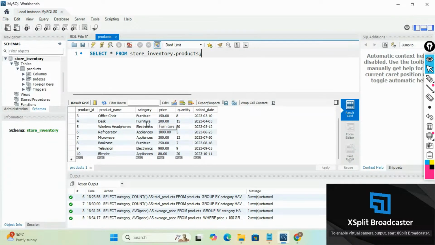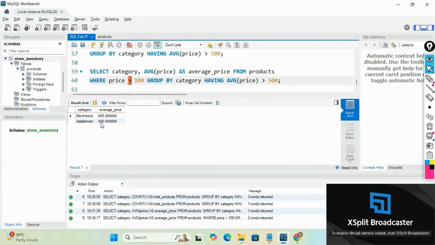Then why did we get appliances? Previously, because of the 10th record, the value we have is very low, that was reducing the average. But in this case, since that record is filtered out by the where clause, 1000 plus 300 by 2 will be the answer. So it is 1300 by 2, 650. That is the reason we also have the second category in the output. Don't assume that the output is wrong. It is correct. Is it making sense?